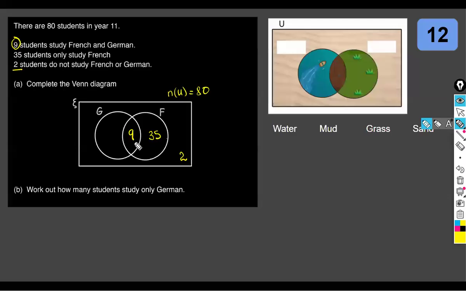So let's double check my calculations here. 9 plus 35 plus 2, I'm getting 46. And I minus that from 80. Anybody else getting 34 here? I'm getting 34 there. Lots of people are getting it, right?